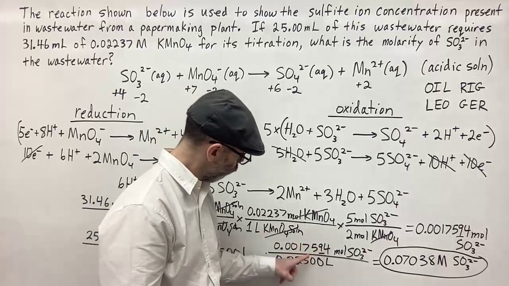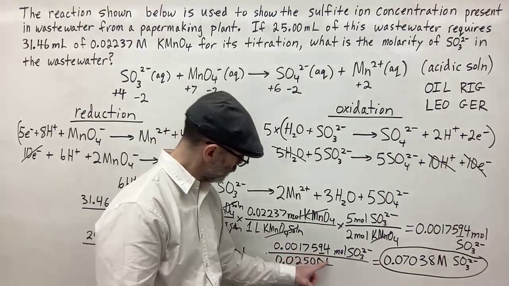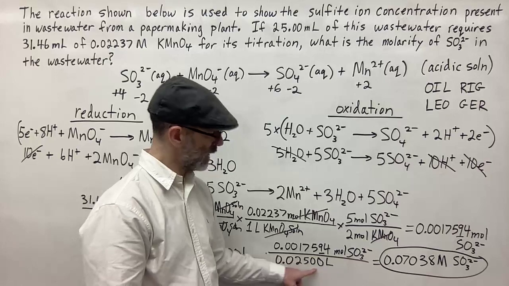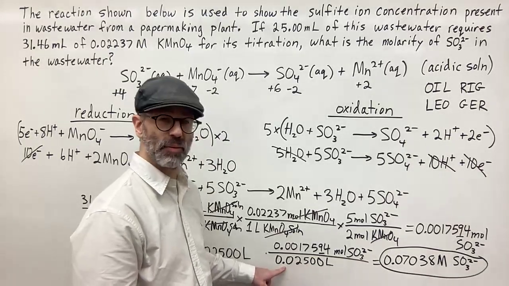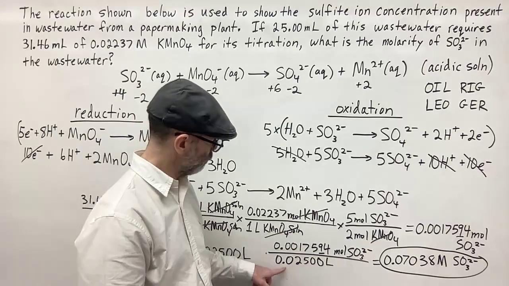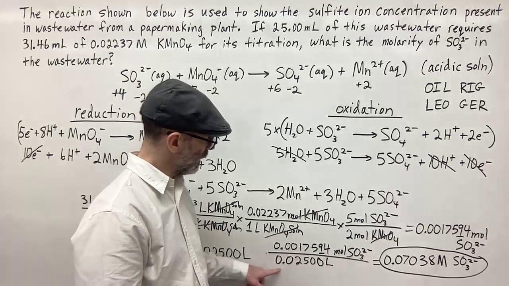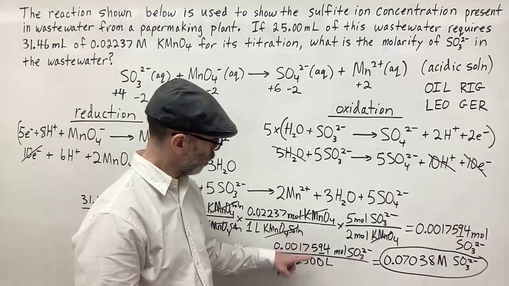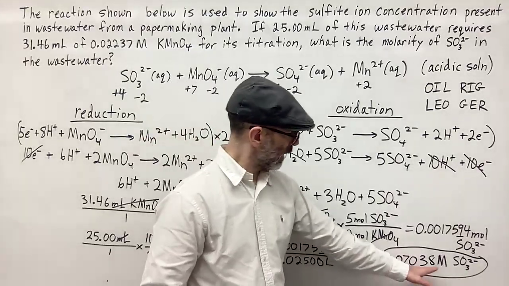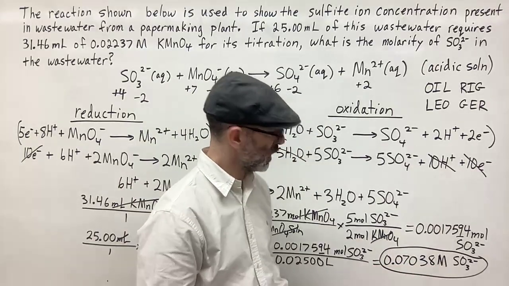So this has 4 sig figs. This has 4 sig figs. The zeros at the end of the number are always significant if there is a decimal point. So these are significant if there's a decimal point. The beginning zeros are never significant. So this has 4 sig figs. So 4 and 4, so the least number is 4. And so I have 4 sig figs here.